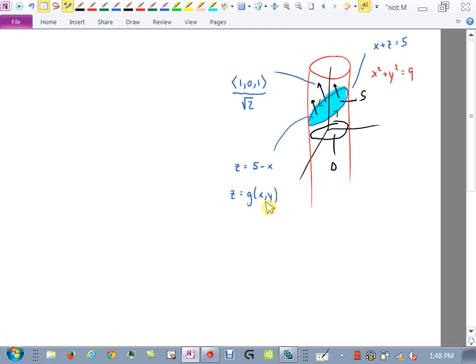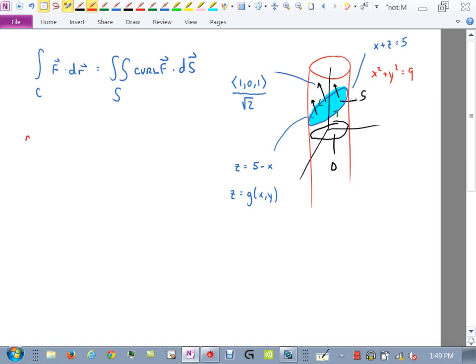I can use one of those formulas. But I've got to first get this converted over with Stokes' formula, not F, curl F dot dS. Shall we curl?